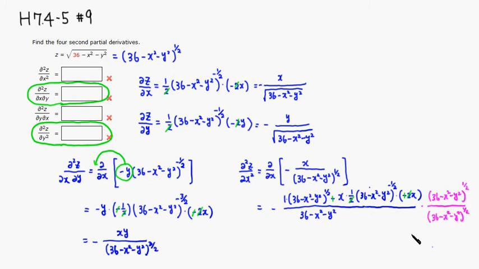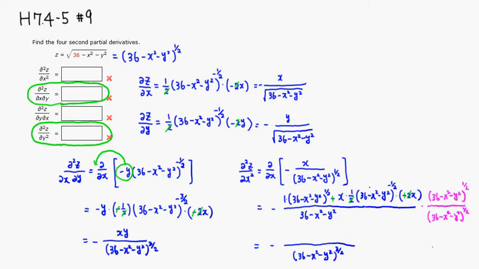So what you get is, there's a negative sign already still there. So you have this guy times that, so it's 36 minus x squared minus y squared to the 3/2 power, because the first power and the 1/2 power combine. So we got that.